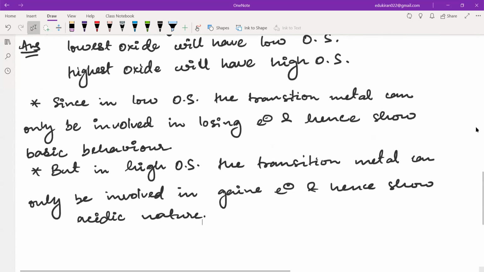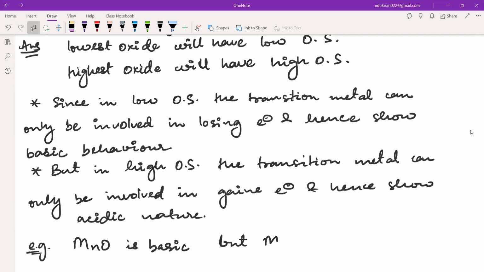You can also write an example of manganese only. MnO is basic, but Mn2O7 is acidic. Write this down. Let me know if you're done.